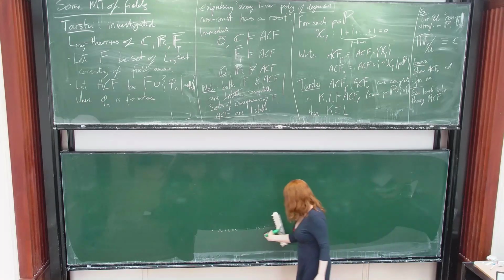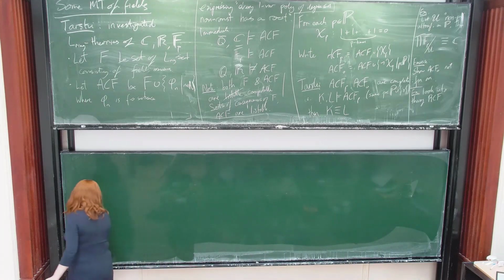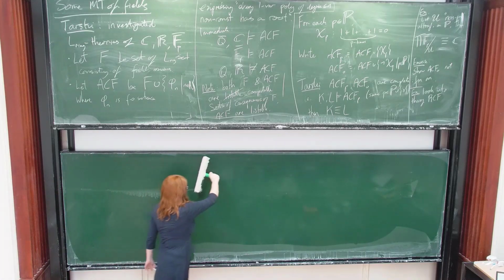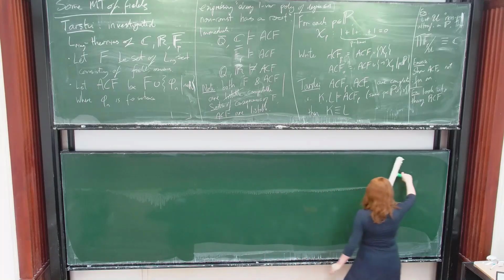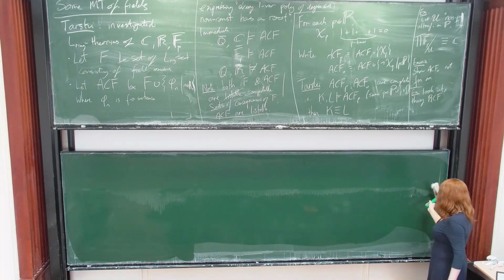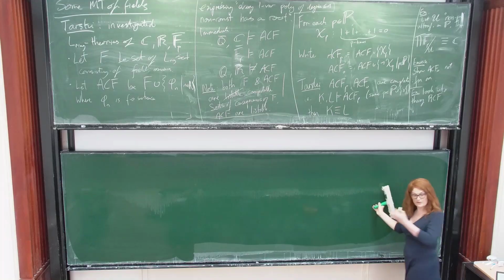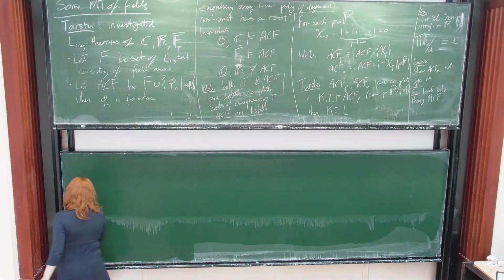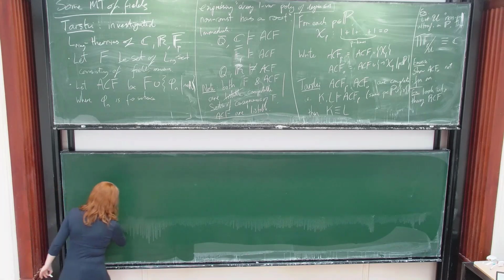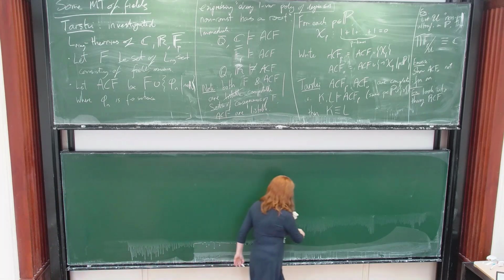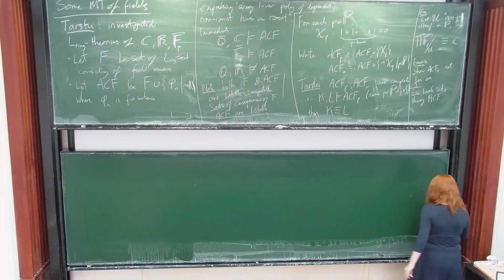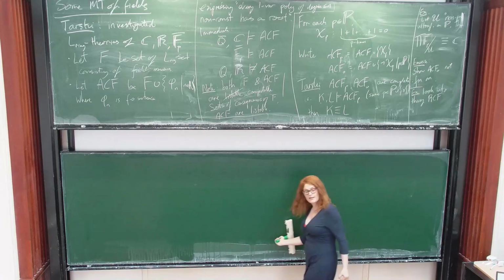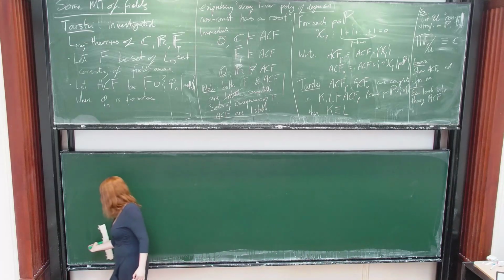Really what this is asking you to do is to take an arbitrary finite subset of the axioms that I've given you and show that there's a structure that models that finite set, but which is not actually modeling everything. So either it should fail to be algebraically closed, or it should fail to be characteristic zero, or it should perhaps even fail in a more trivial way.